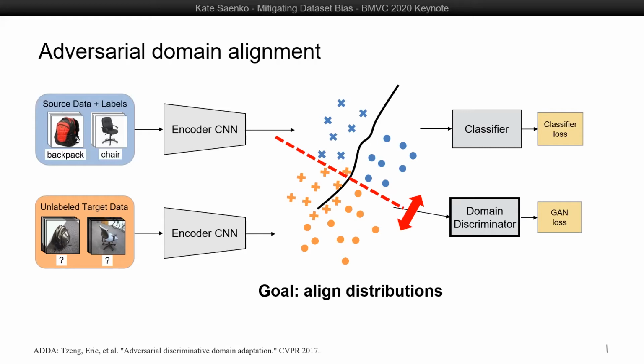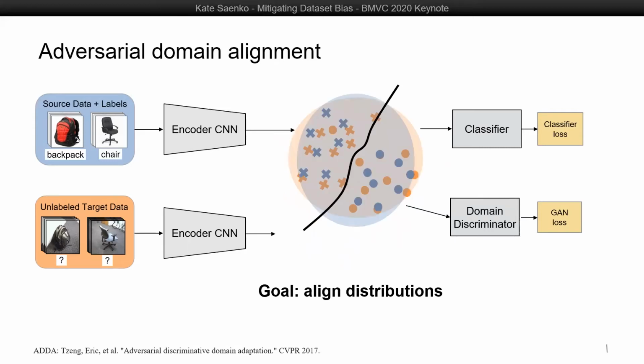Then we switch to training the encoder to generate features that increase the error of the domain discriminator, so it will cause the discriminator to not be able to distinguish the two domains. The encoder can do this by essentially generating target points that are distributed very similarly to the source. And then we achieve our goal of aligning the two distributions.